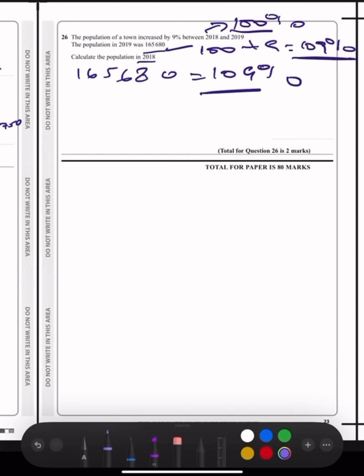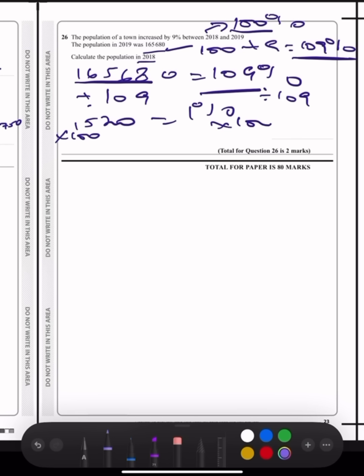How do we do that? When we get to 1%, we need to divide this by 109 and divide this by 109. By doing that, we get 1520 equals 1%. And when we need to get to 100%, we simply multiply by 100 on both sides. So we clearly know that 152000 will be your population for 2018, and that is your answer.